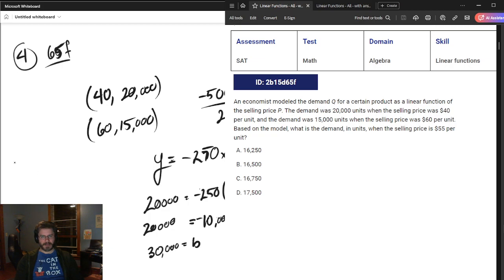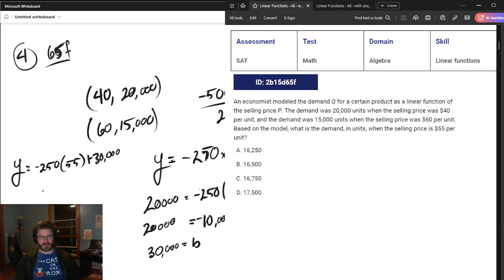Bring that back to our original function, negative 250x, but this time we're going to use 55 for x, plus 30,000. All right, 25 times 55. Ooh, a big number. Probably use a calculator for that in most circumstances. 25 times 5 is 125.